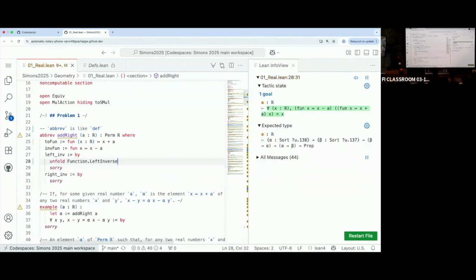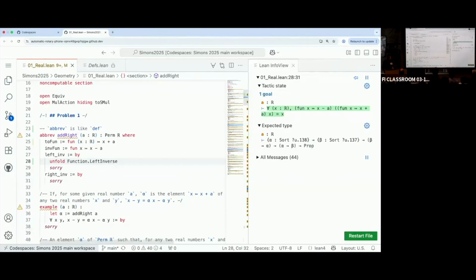It's pretty plausible. It's saying I need to establish for every real number x that if I apply the function x maps to x plus a to x, and then apply the function x maps to x minus a, then I get back to x. A lot of symbols there, but it seems plausible.